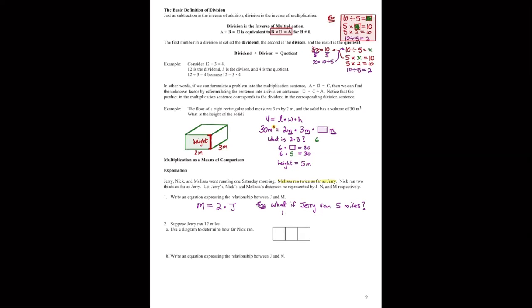All right, so I have my M equals 2 times J. It would logically follow that M is equal to 2 times 5. 2 times 5 is 10 miles specifically. So you look at that and say, okay, that seems to fit what they're saying. So you come up with a guess.